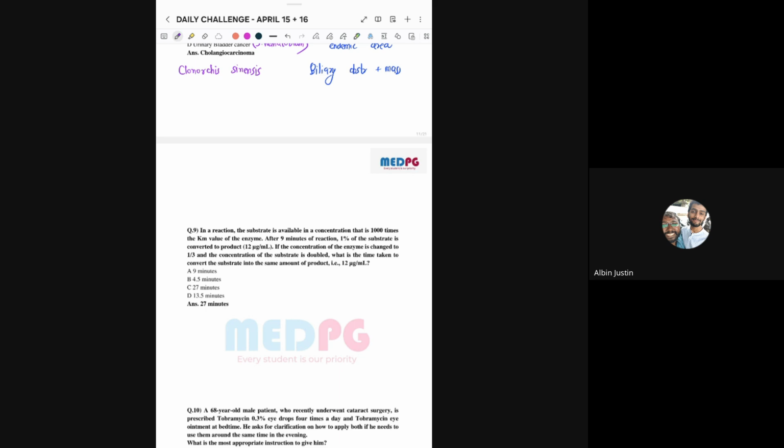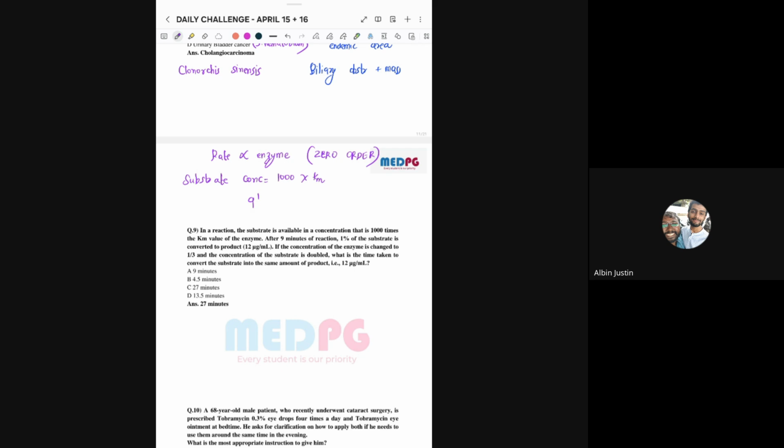This immediately means that the rate is directly proportional to the enzyme, as it is zero order. Initially time is 9 and the product formed is the same.